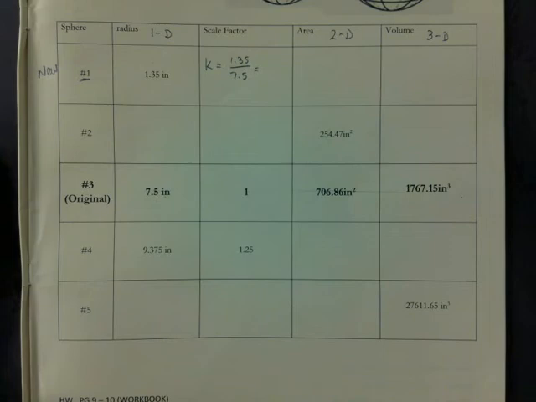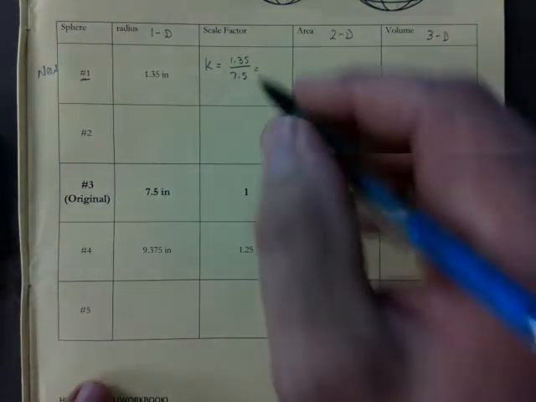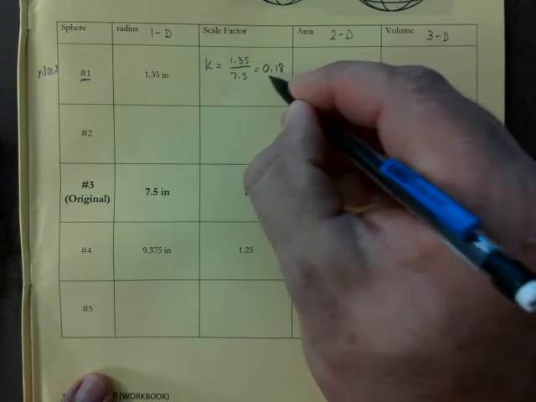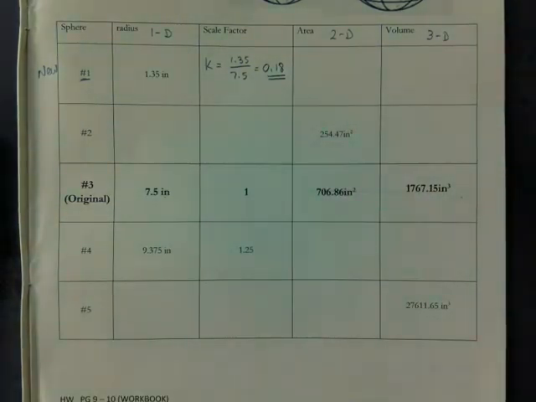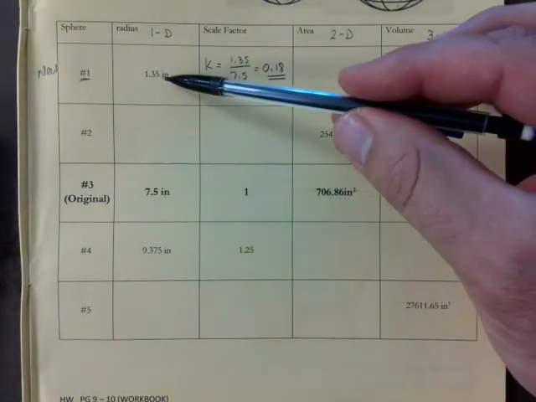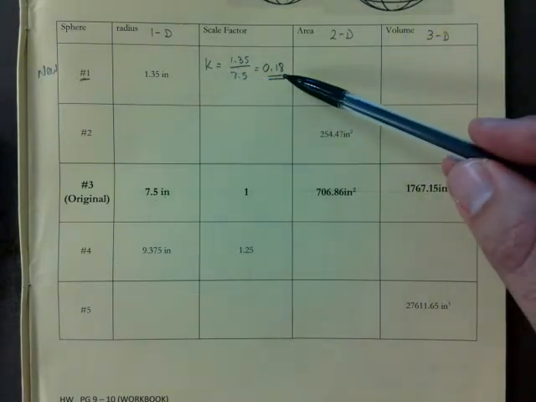And then you just divide them. 0.18. That's now my scale factor. And it makes sense because a reduction happens, so now I have the scale factor.